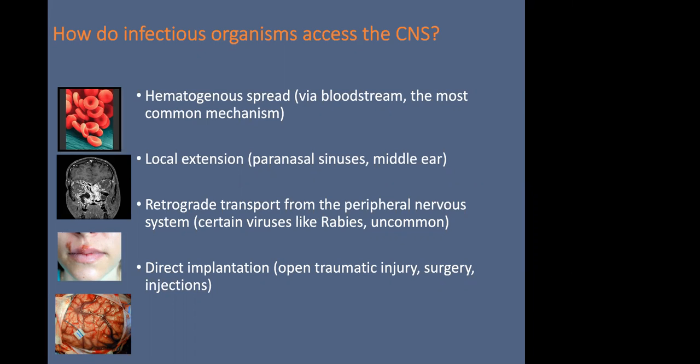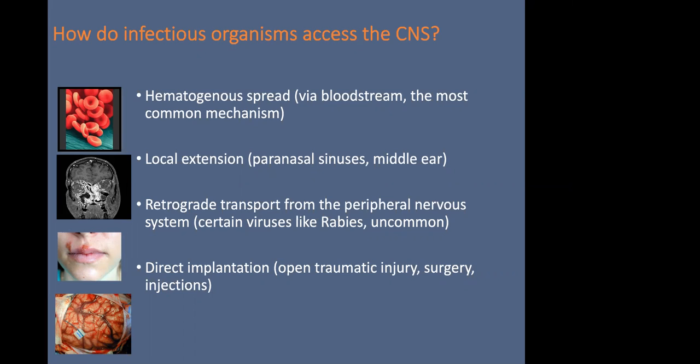That's the most common way an infecting organism reaches the brain. The next most common is local extension: our nasopharynx, paranasal sinuses, otitis media in the ear. Lots of organisms, bacterial or fungal or protozoal, like the amoeba, use this route to reach the brain.